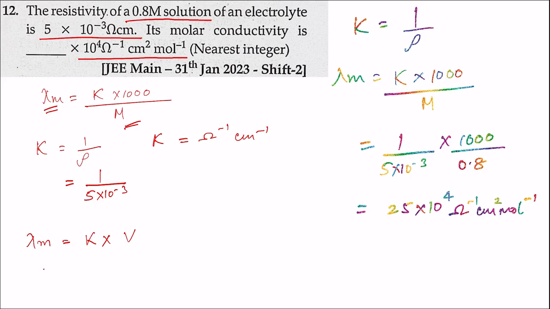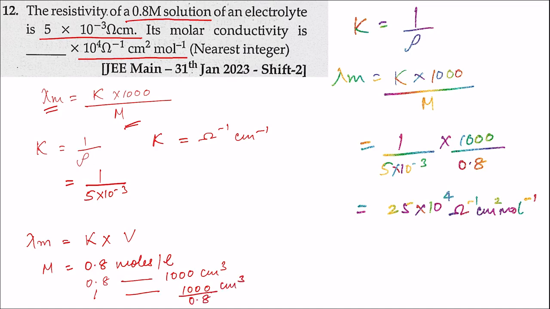So if molarity of any solution is given as, suppose here molarity is given as 0.8 m, means 0.8 moles per liter, means in 1 liter there are 0.8 moles. Or it can be said 0.8 moles are present in 1 liter or 1000 centimeter cube. Therefore 1 mole is present in 1000 divided by 0.8 centimeter cube.